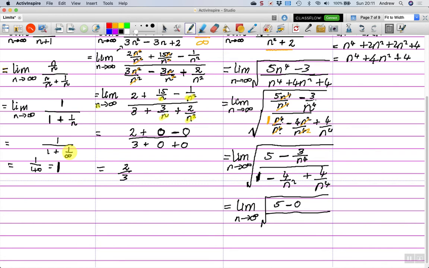On the bottom, we've got 1 minus 4 over infinity squared, which means it's going to be 0. And 4 over infinity to the power 4 is going to be 0. So the answer is the limit as n tends to infinity is going to be equal to 5 over 1, which is square root of 5.